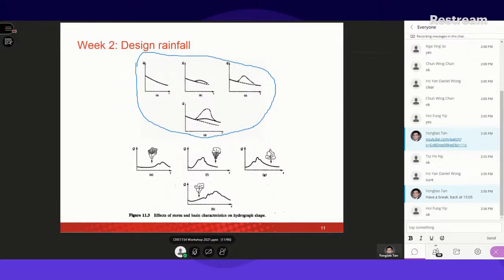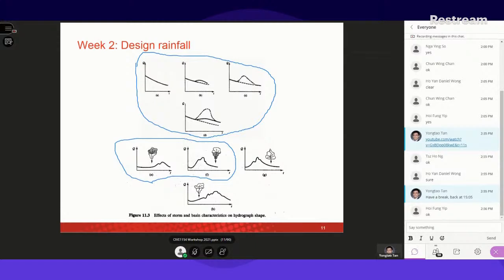Now for the first two, E and F, these two curves are showing the location of the localized storm in the drainage basin, which affects the time distribution.